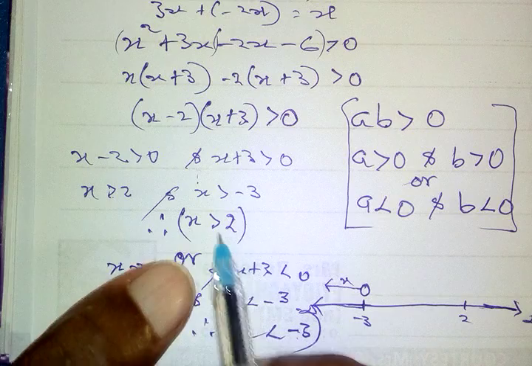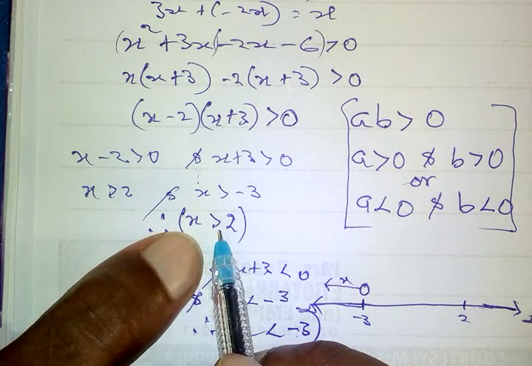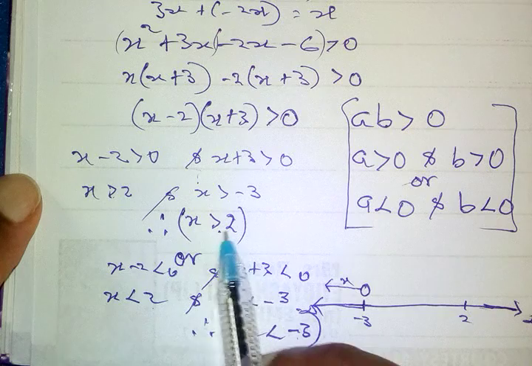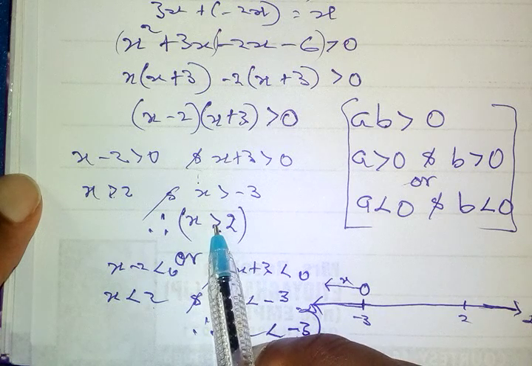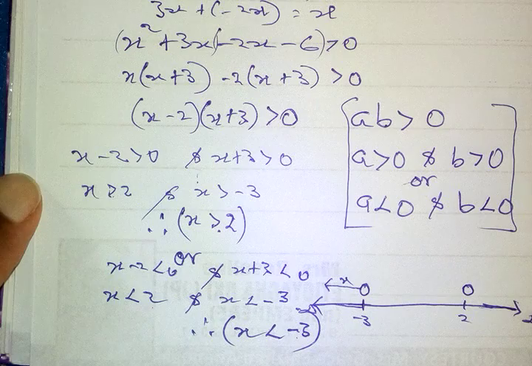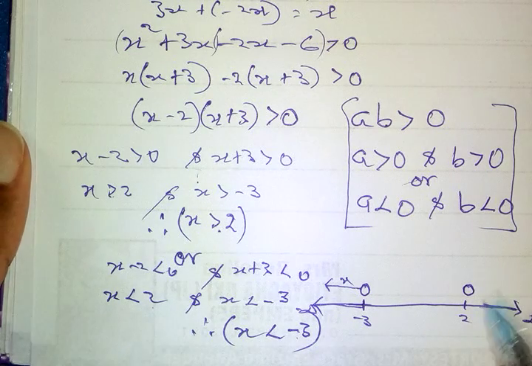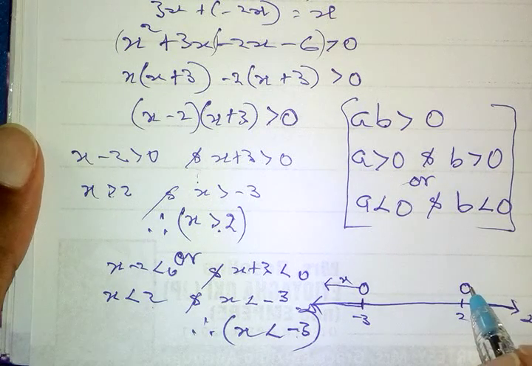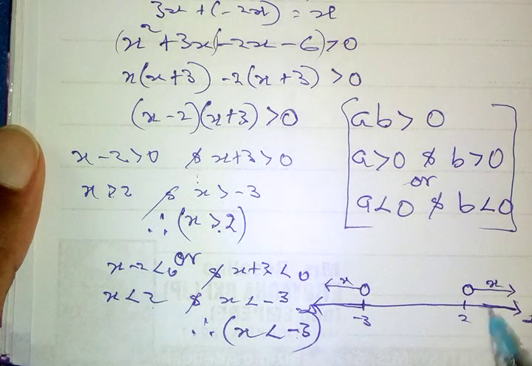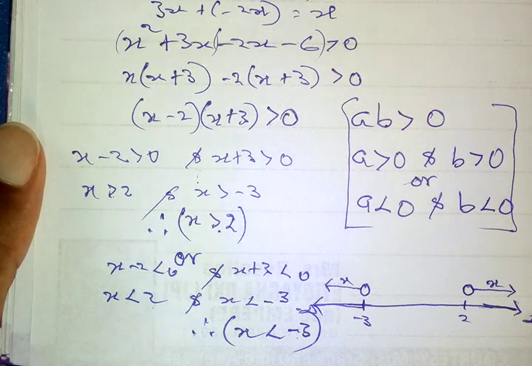On this other one, since it is a greater than sign, not greater or equal to, it means that 2 is not included in the range of values of x, and x is all values that are greater than 2.